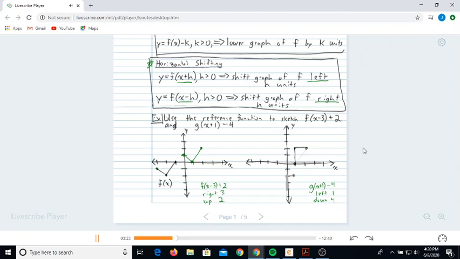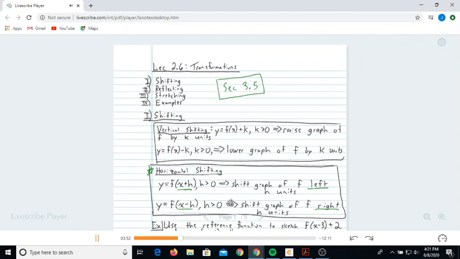Plot the dot, then take the next one, go left 1, down 4, right there. Then take the next dot, left 1, down 4, and connect the dots. I'll sketch it a little darker so you can see it. We just took that image and moved it left 1 and down 4. Alright, so that is shifting.